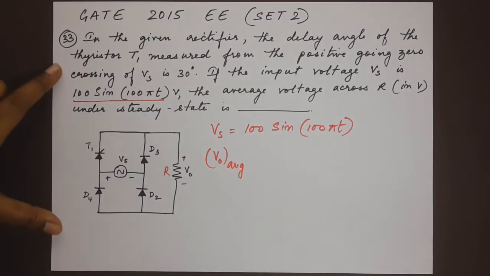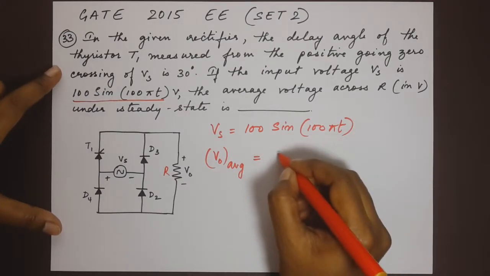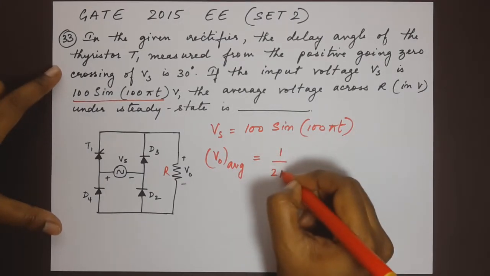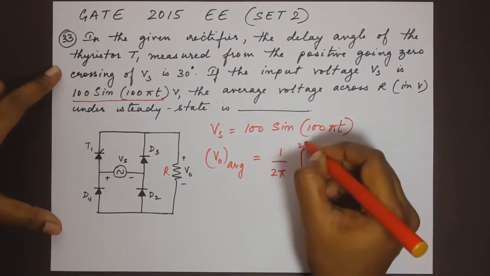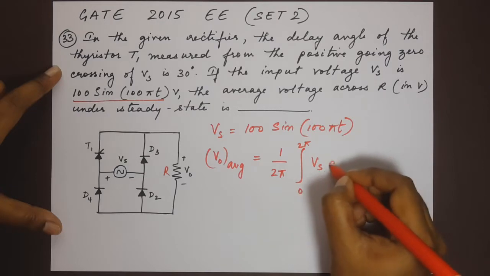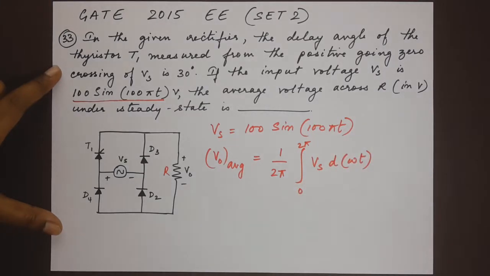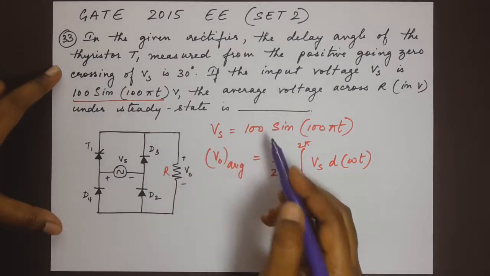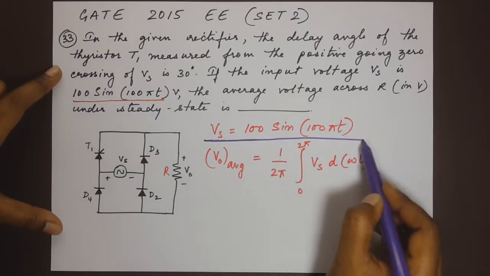Now the average output voltage for such a circuit is written as 1 by 2 pi integral of 0 to 2 pi Vs d omega t. So here is a formula that can be used quite often.